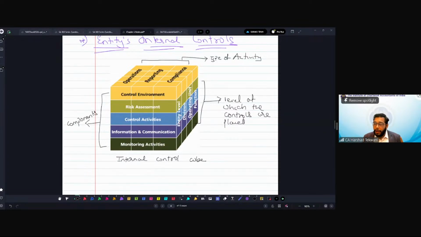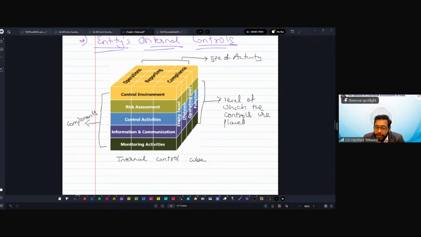So when I talk about risk assessment, that is the entity's risk assessment I'm talking about. It means I'm talking about how entities are identifying the risk within the financial statement at the assertion level and the financial statement level. Now, the reason why the entity is required to perform a risk assessment is because it is the responsibility of the management to establish internal controls.